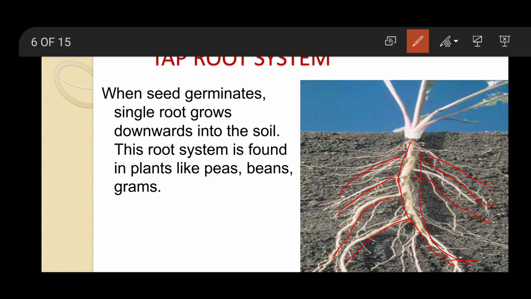Here we can see the main root. Let me erase it. The main root, which is at the center of this root system, is called the primary root.